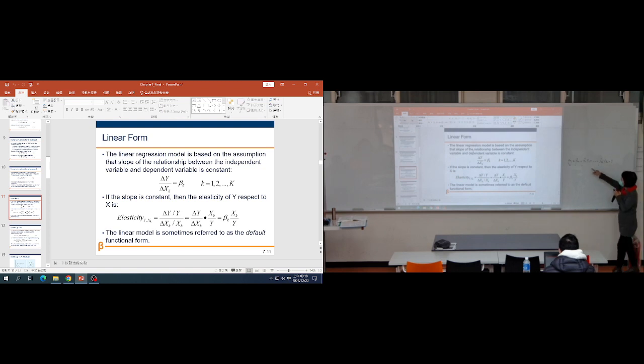Each beta we call a slope. This is multiple regression, so in terms of interpreting the meaning of any beta, it is the derivative of y with respect to some particular x.